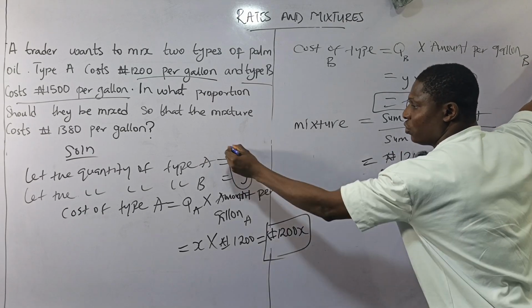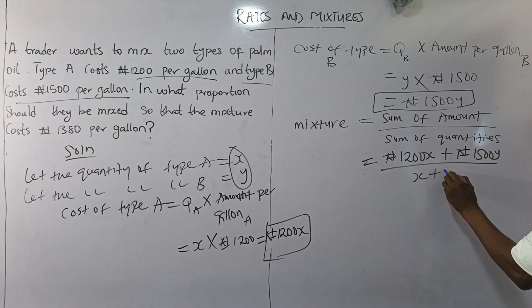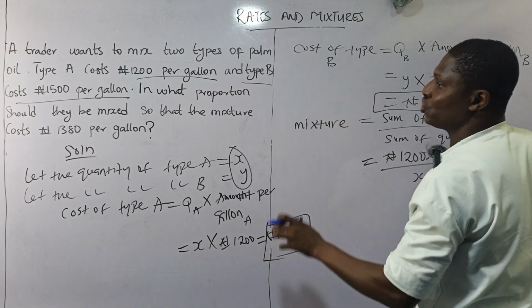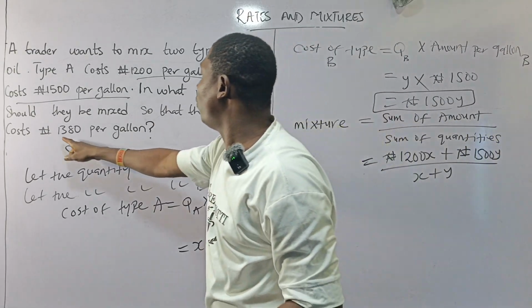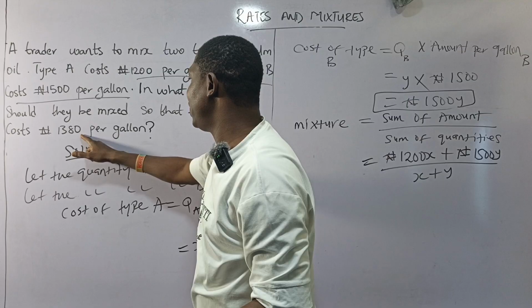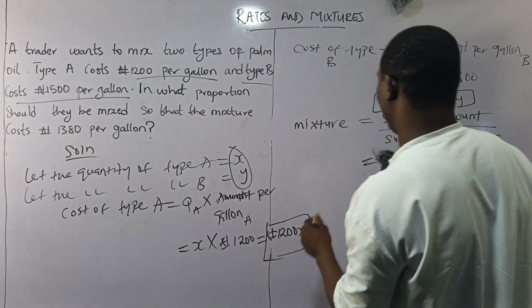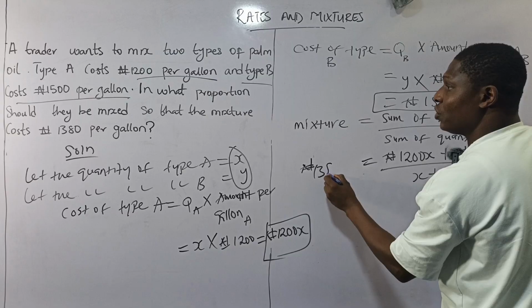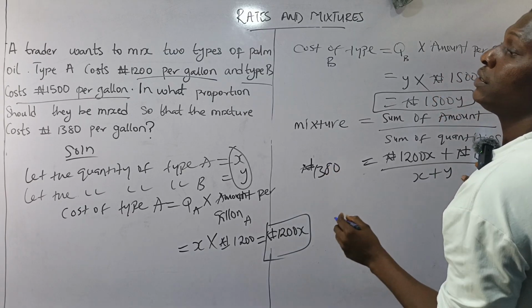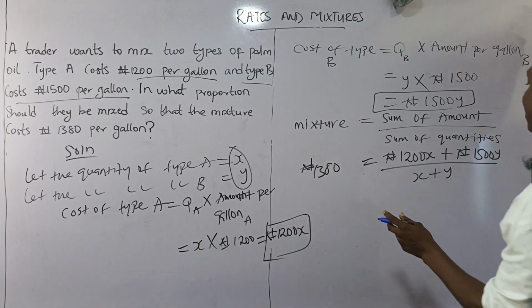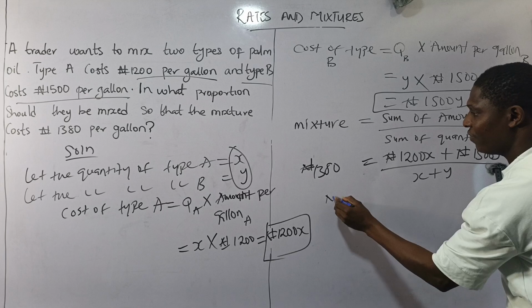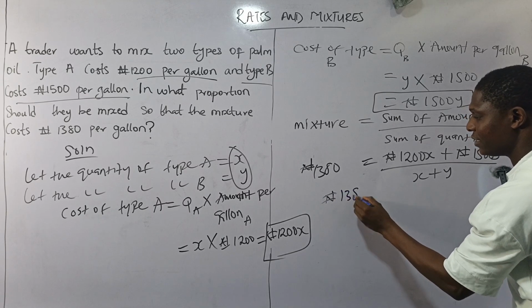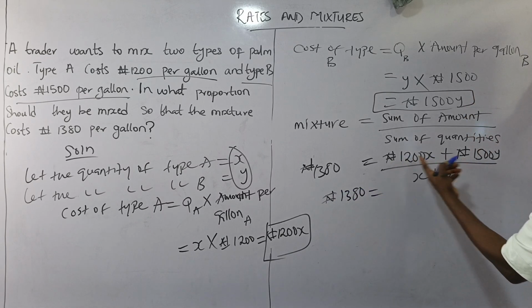These are the two quantities, which is x plus y. And the mixture will be sold for 1,380 naira per gallon. Now, in naira, 1,380 equals, you can see that naira is common.